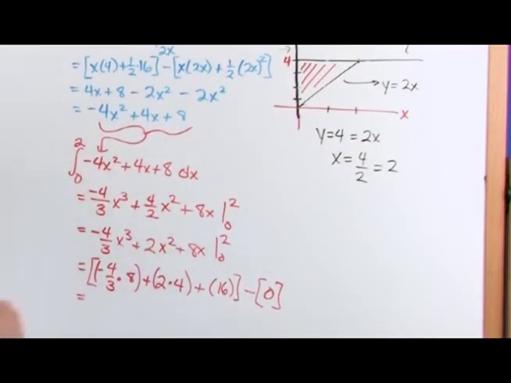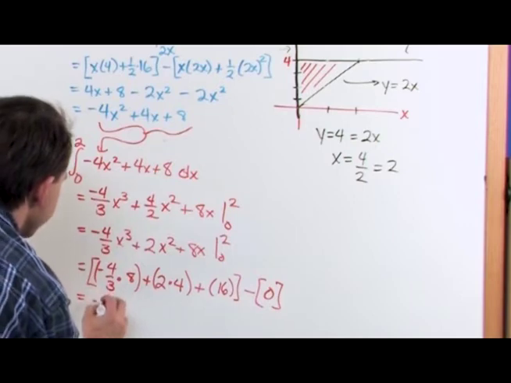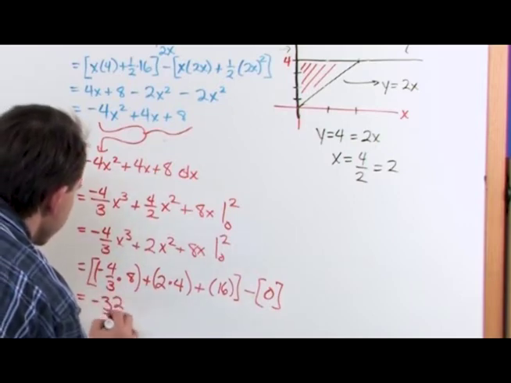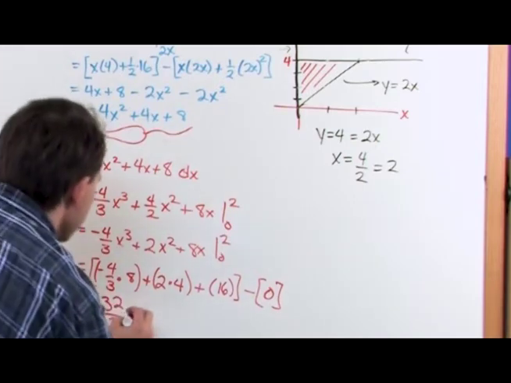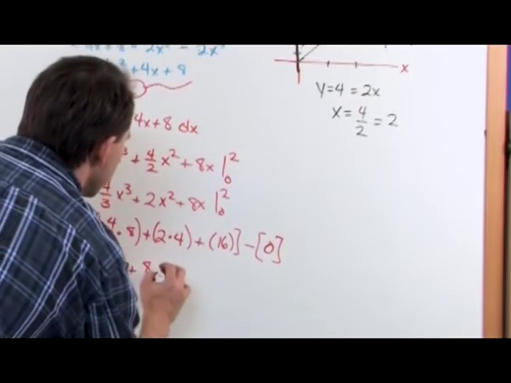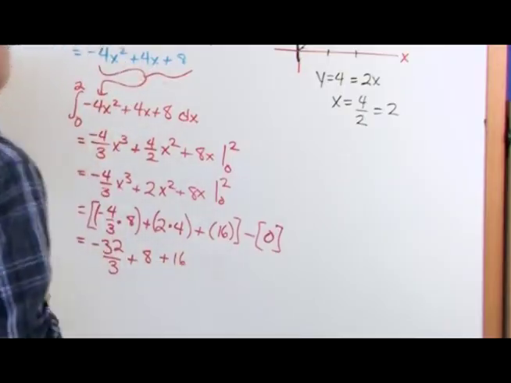So what I have here is 8 times 4 is 32, negative 32 over 3, okay? Plus 2 times 4 is 8, plus 16, okay?